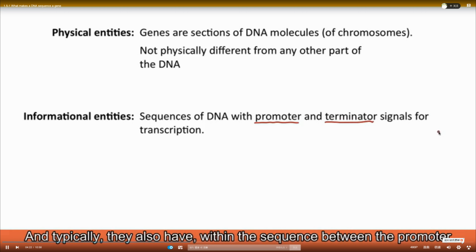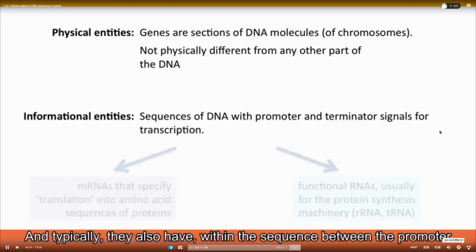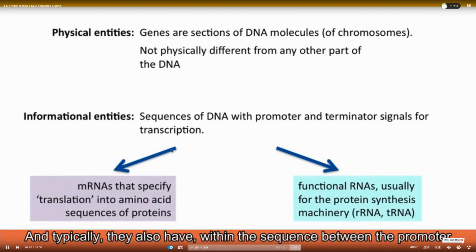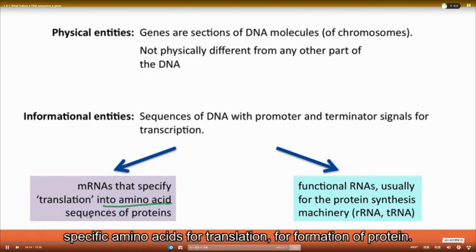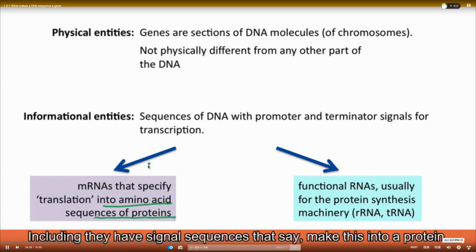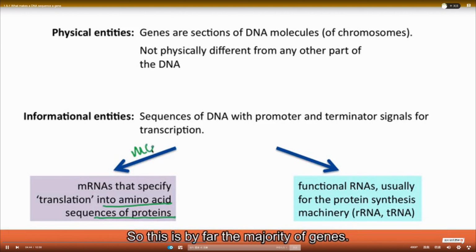And typically, they also have, within the sequence between the promoter and terminator, sequences that specify specific amino acids for translation, for formation of protein, including signal sequences that say, make this into a protein. So this is by far the majority of genes.